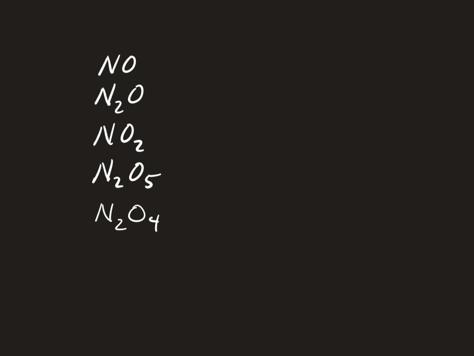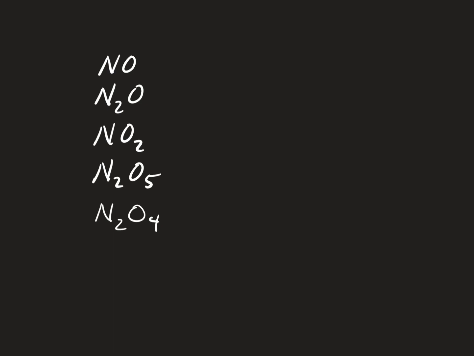I cannot just call a molecule nitrogen oxide, okay? I can't do it because there are all kinds of ways that nitrogen and oxygen can come together to form a molecule. So in the name, we have to be specific. We have to specify, how many nitrogens are there, how many oxygens are there.